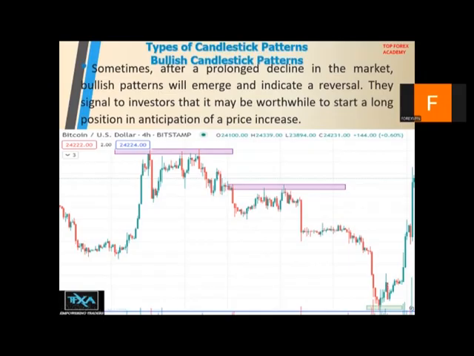Rather, it's making a new high, and then you have a change of character around here, going higher than the previous candle, and this is not lower than the previous low. That means we have changed character and we are trying to move towards the uptrend.